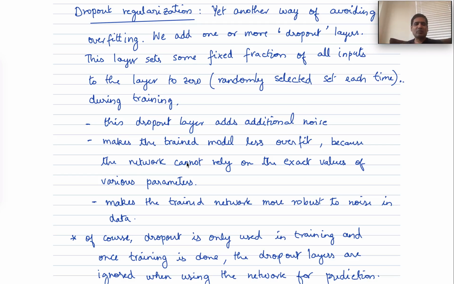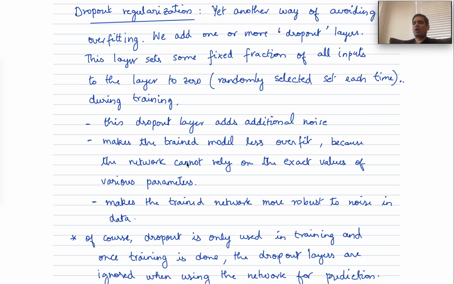Because the dropout layer might suddenly set one of the weights or biases to zero randomly, the training of the network will proceed in a manner that the exact values of the various weights and biases do not really affect the output of the model to a particular input.